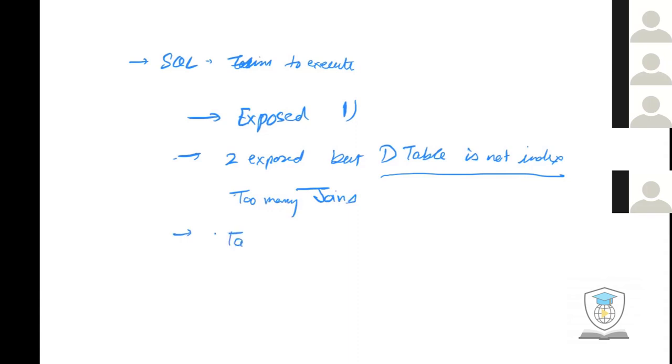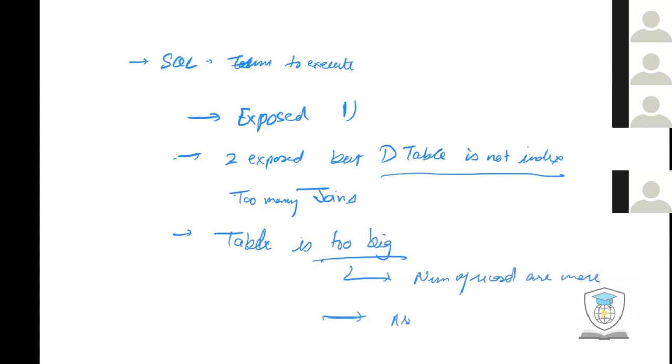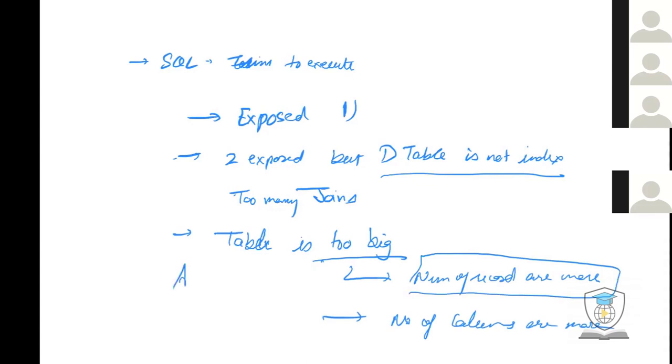Another problem is the table is too big, which is creating a performance issue. Too big means two ways. One is the number of records is more. Second is the number of columns is more. If the number of records is going to millions, billions, then you must introduce archive and purge functionality, so that all the historic data will move to some other database.